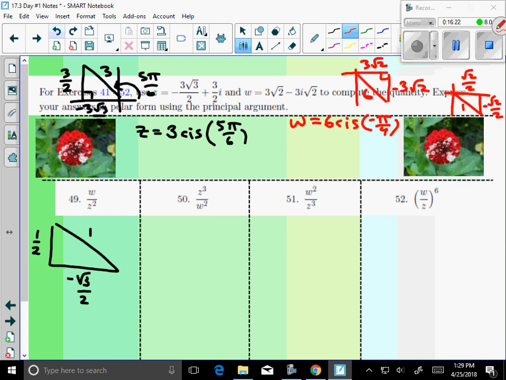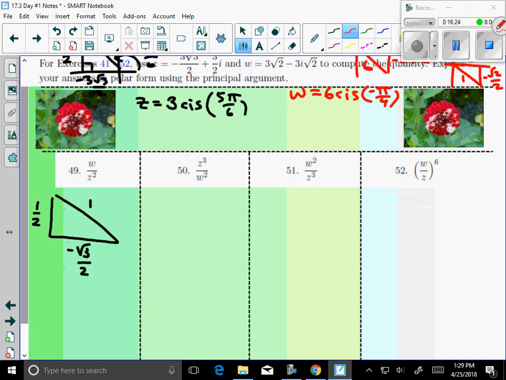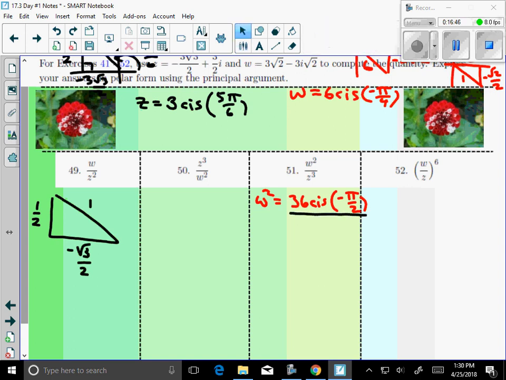That's fine. Okay, so w squared over z cubed. W squared will be 36 cis. What do I do with the 2? Multiply it. So I get negative pi over 2. Right? And z cubed would equal 27, right? 3 to the 3rd power.